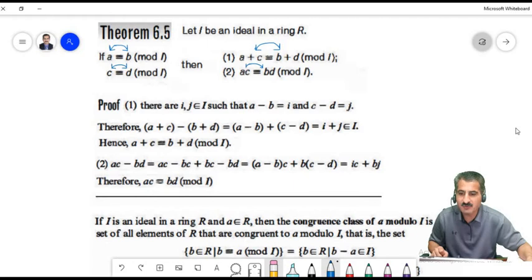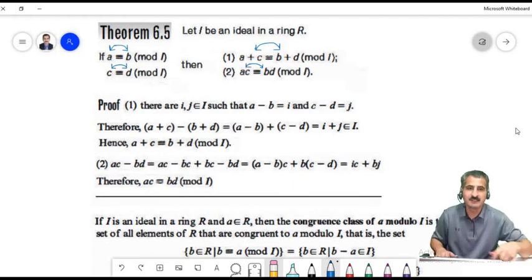And also multiplication: multiplying A and C is the same as multiplying B and D. This theorem says A and B are the same element modulo I, and we look at them as the same. C and D are the same. So if I multiply A and C, it is the same thing as multiplying B and D, and same thing for addition.